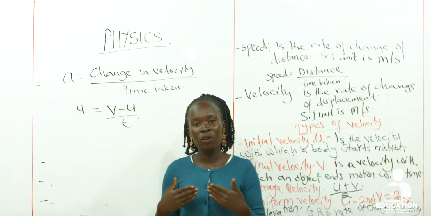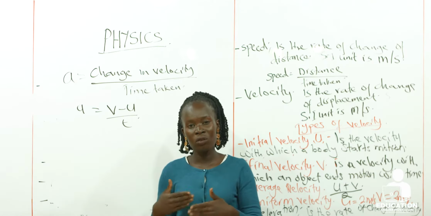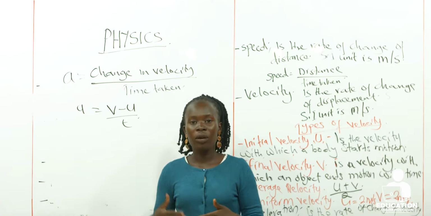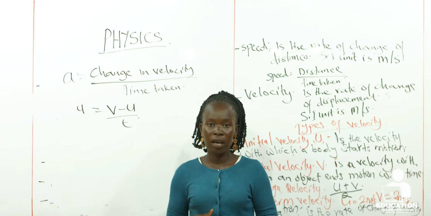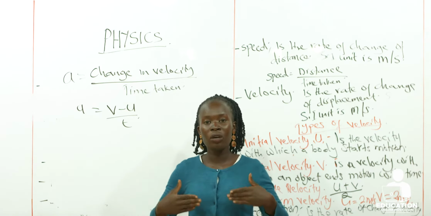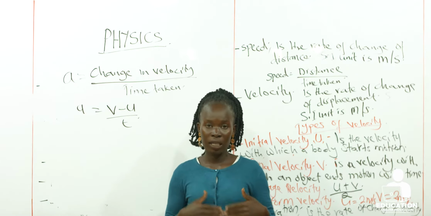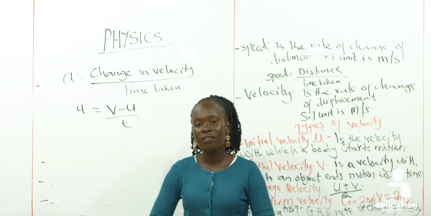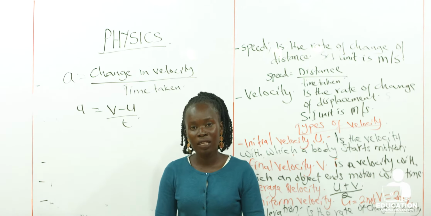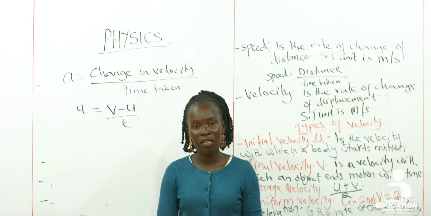What if you're now reducing that? As you're reducing your velocity, you're giving it a negative sign, because you're now taking it in the opposite direction. When acceleration is negative, it can also be called retardation.